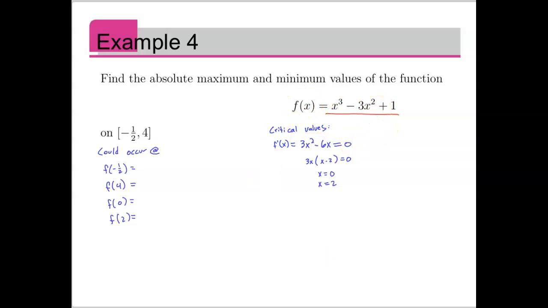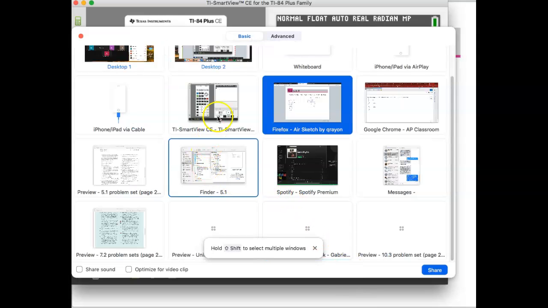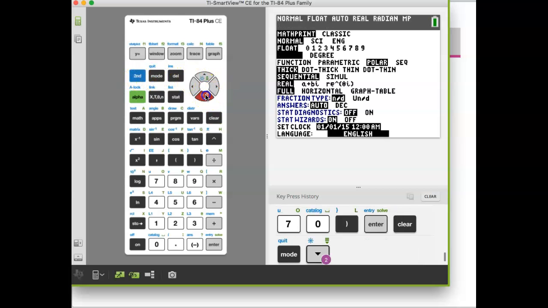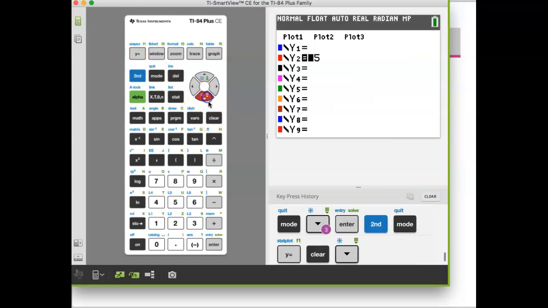So let's do this in the calculator just to keep from making an error. Whoops, I need to share that with you. So probably the fastest way to do this, the way I like to do it, hold on, I need to put this back in function mode. All right, I'll just put it in y1.